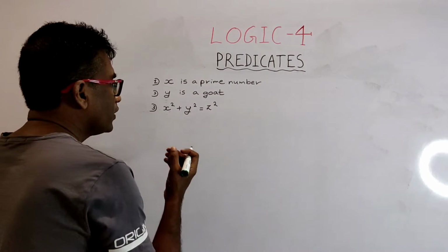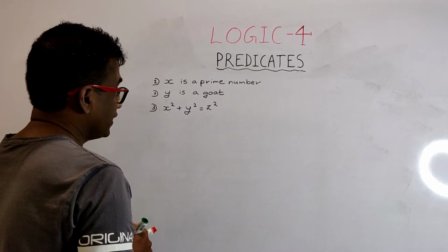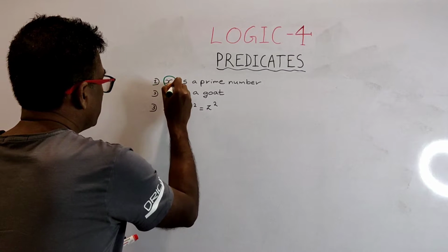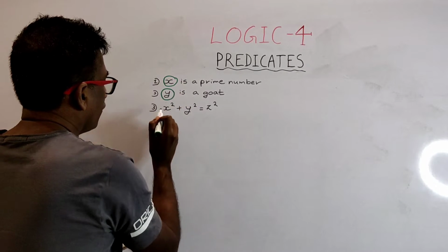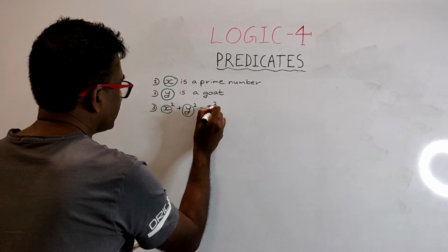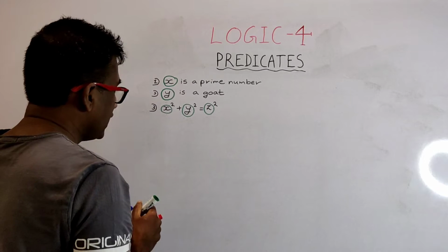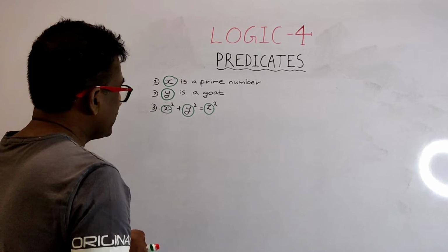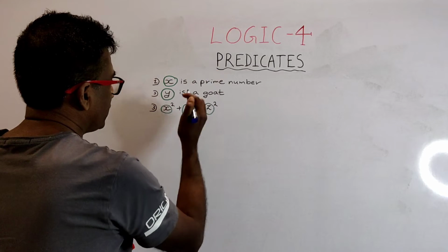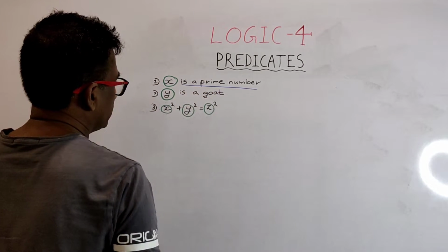Now, if you look carefully, you would see that a predicate has two components. A variable or variables, in this case three variables, in these two cases only one variable, and a property. In the first predicate, the property is being a prime number.